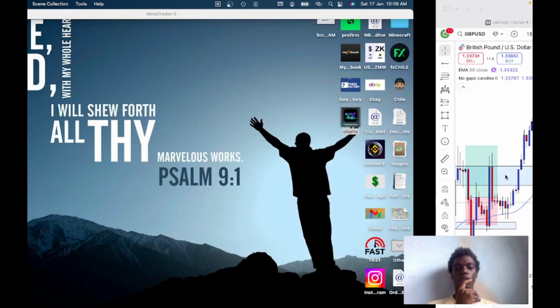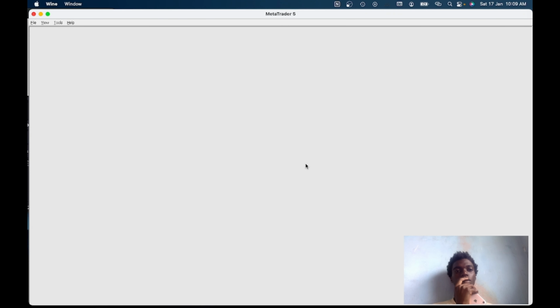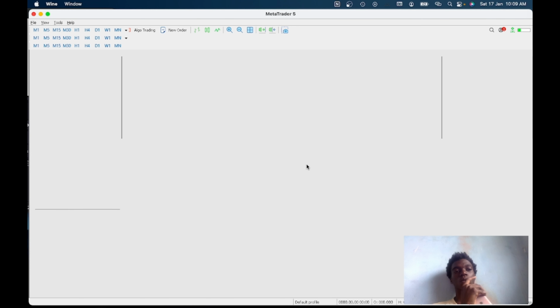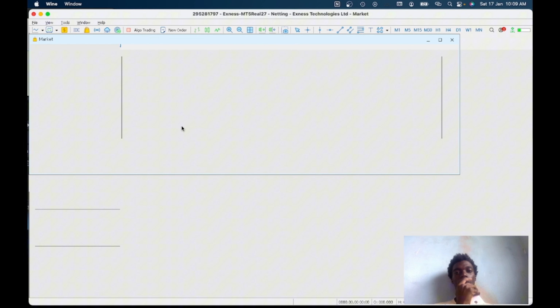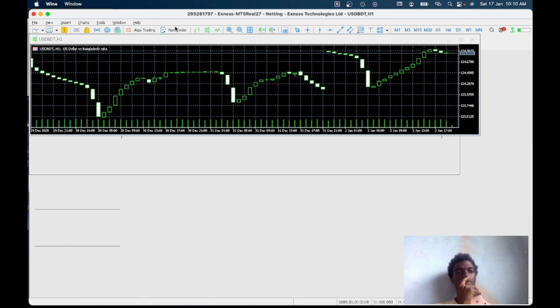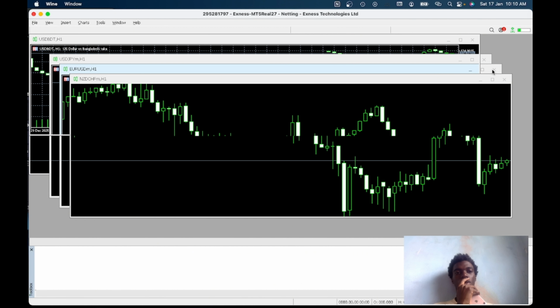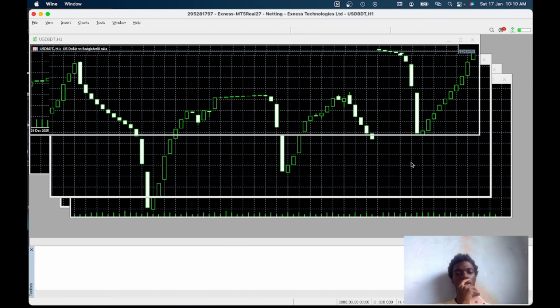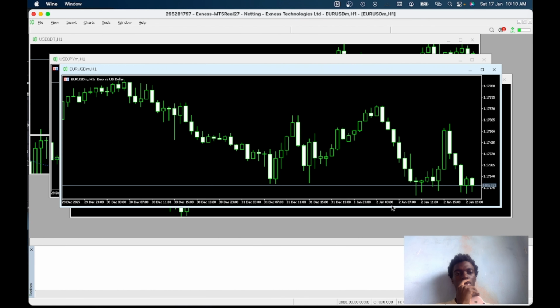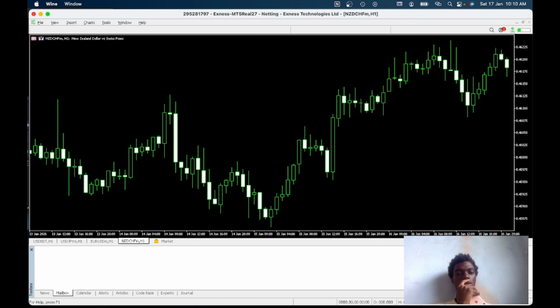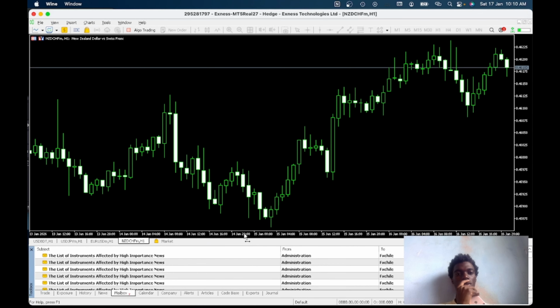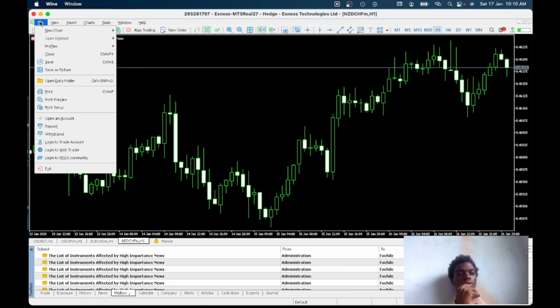This is going to be our first setup on the account. So let's link the account to MetaTrader 5. It's kind of loading. So let's link the account to MetaTrader 5. We have to log in right here.